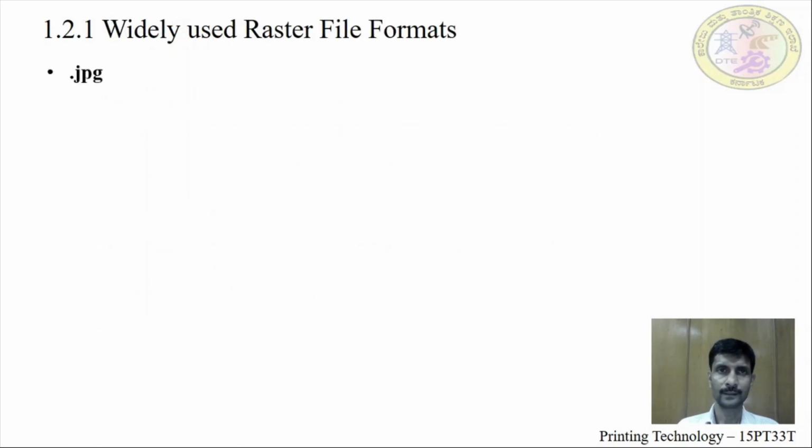Now, the different raster-based file formats. First one is .jpeg, second one is .bmp, third one is .tiff. Now we will understand them one by one, and clearly see where each applies in the printing or publishing industry or other applications.